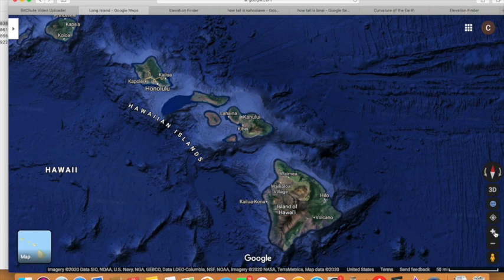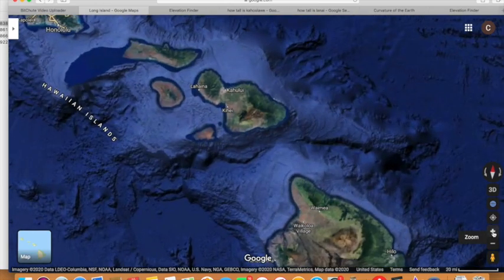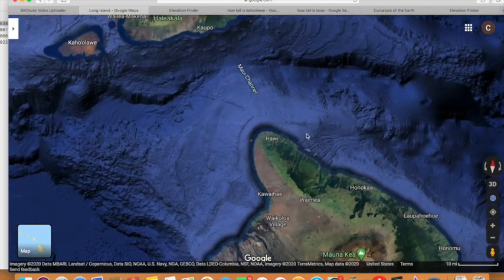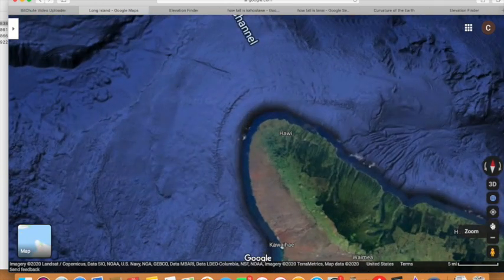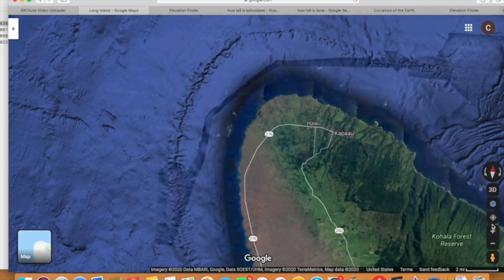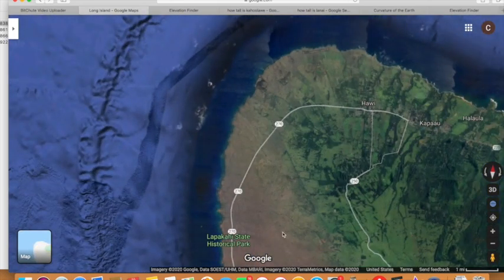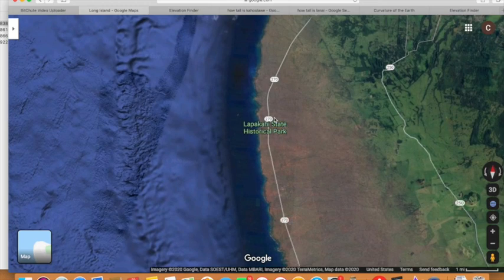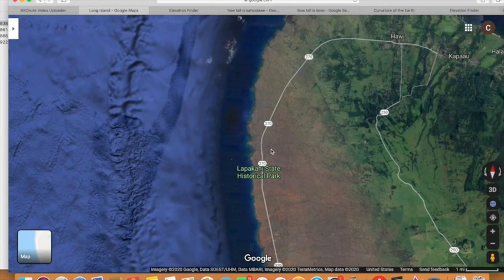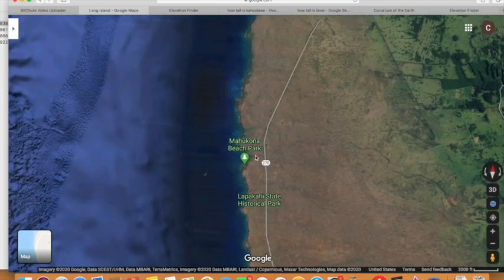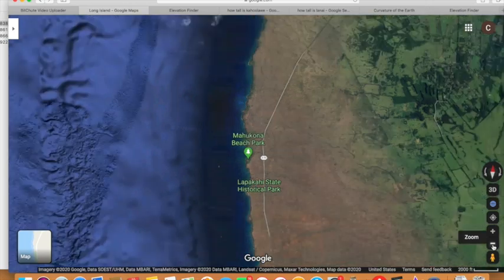We're going to start off by looking at Mahukona, where that spot is. Lapakahi, Mahukona should be right next to it. Here we go. So here it is, Mahukona State Park.